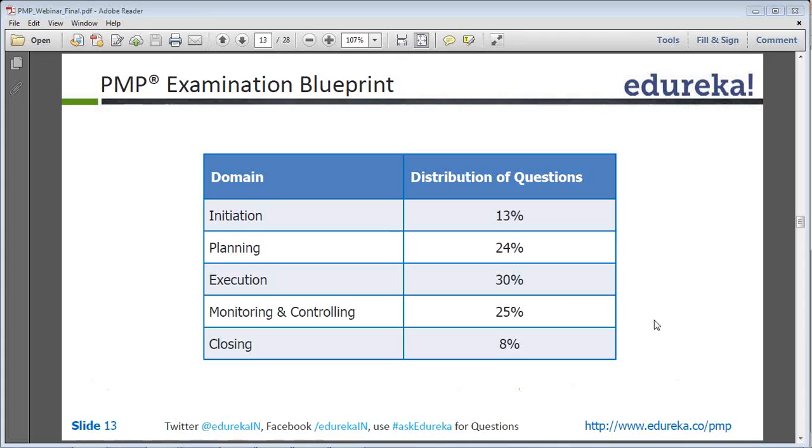And every project passes through all these 5 process groups and some or all of the 10 knowledge areas. If you want to see what your eligibility is for a PMP exam, you have to look at the PMP handbook, not PMBOK. PMBOK never says that you have to have knowledge in all the 4. PMBOK says you as a project manager, when you are executing the project end to end, should be going through all the 5 process groups.